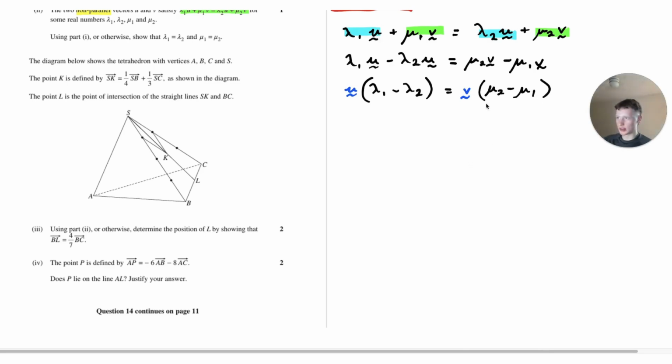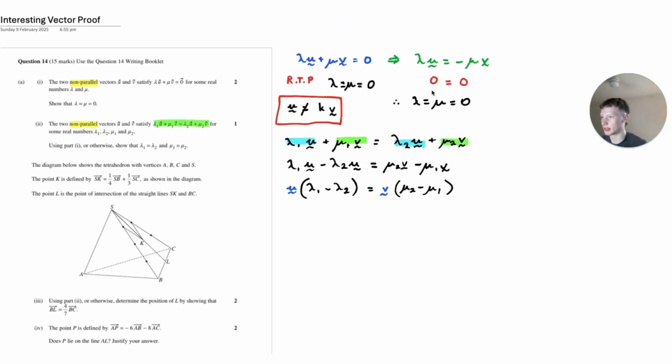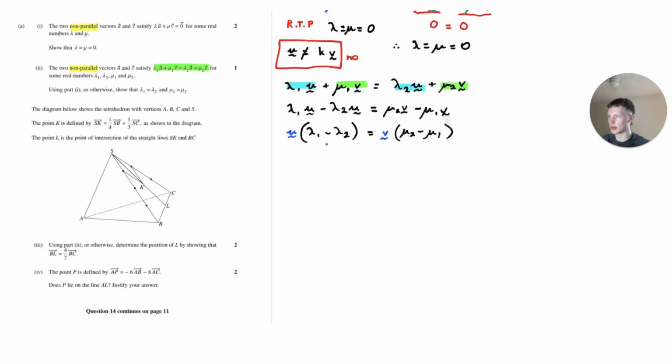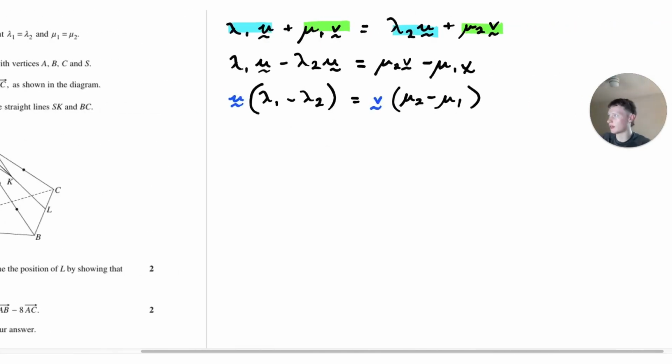Cool. And so now we're at the point there where we're back to proving this concept. And that is, can this vector with any scalar multiple applied equal this other vector? The answer, no, it can't, because of this property of non-parallel vectors. And so this equation can be true, but if and only if both sides are 0.